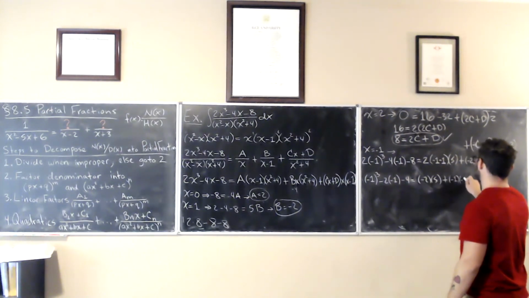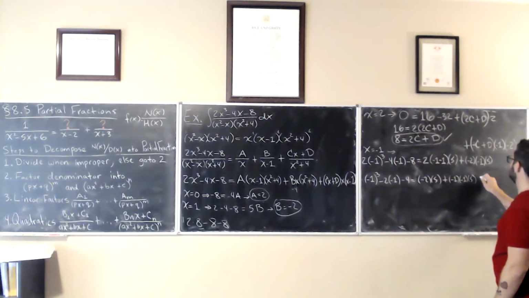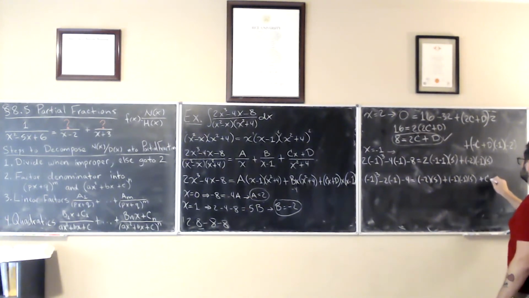There's negative 1, 5, and I divided that 2 out. That minus sign goes in, so this will be plus c minus d. I just divided out this equation. I divided all those 2's out.